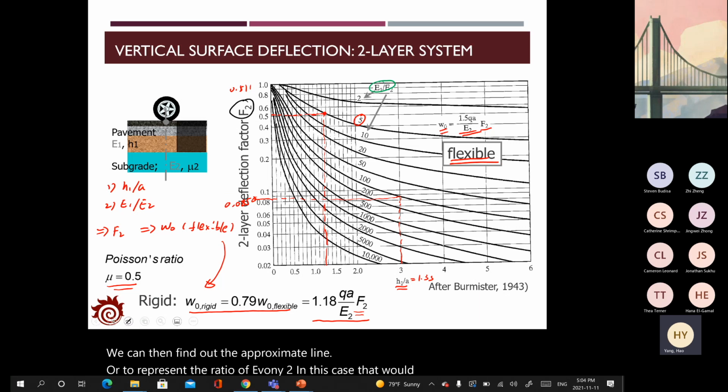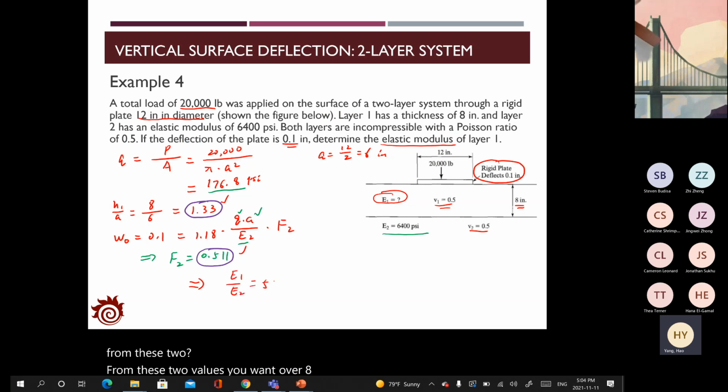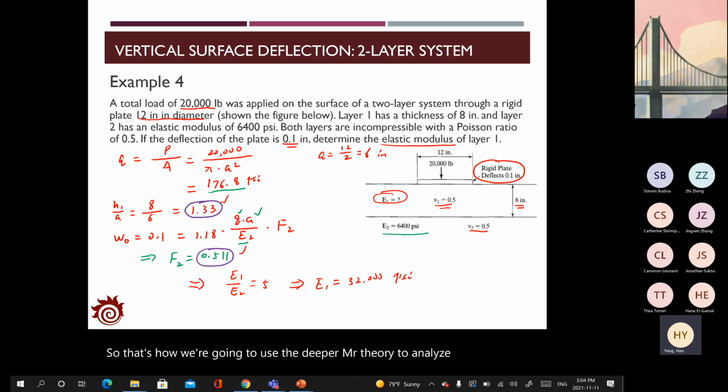So what we get from these two values is E1 over E2 equal to 5, and that gives you the value of E1 equal to 32,000 psi. So that's how we're going to use the Burmister theory to analyze the variables related to the vertical surface deflection.